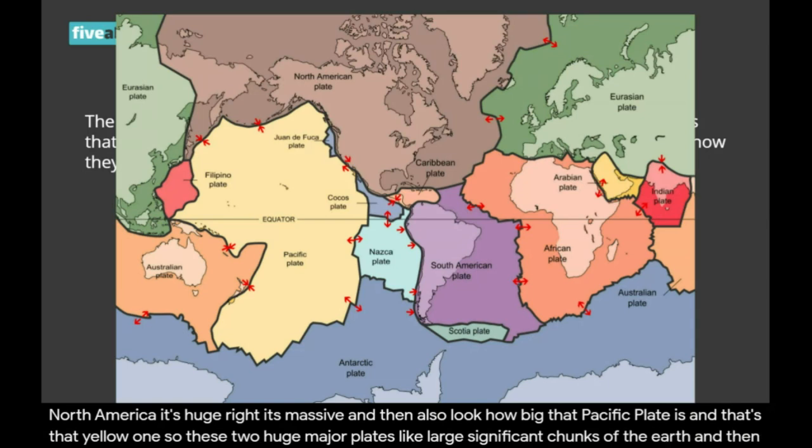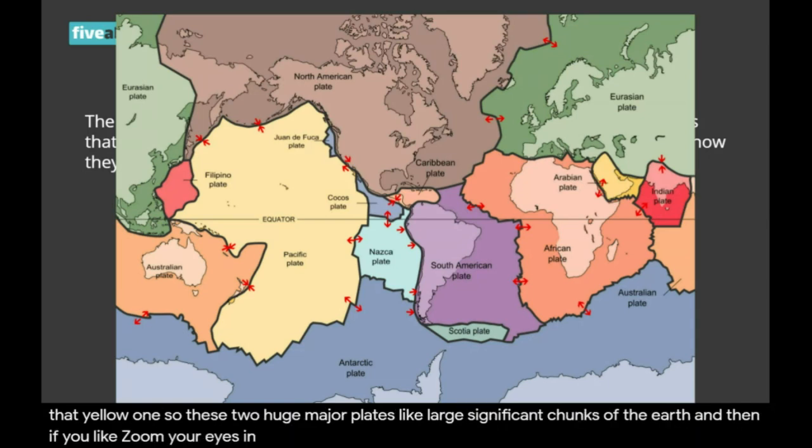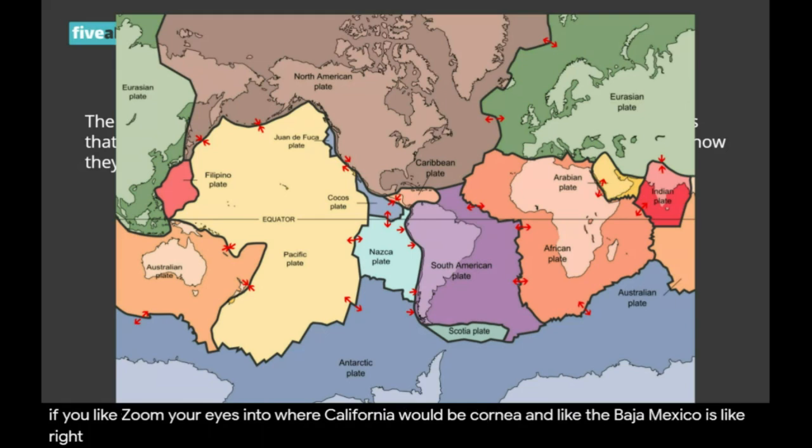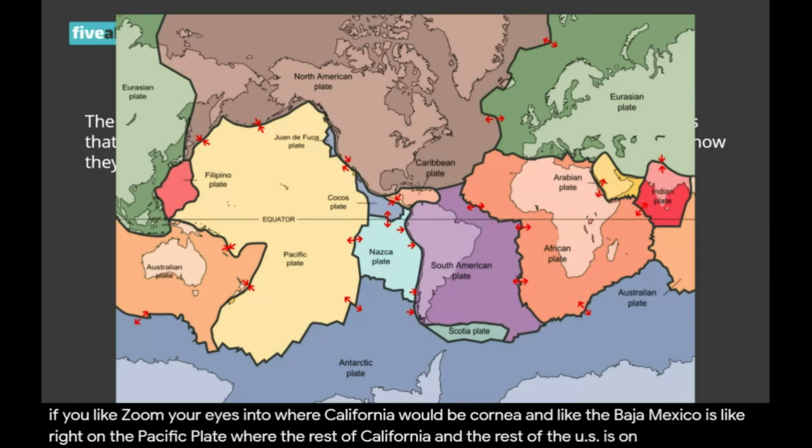And then if you zoom your eyes in to where California would be, Southern California and the Baja of Mexico are right on the Pacific plate, where the rest of California and the rest of the US is on the North American plate.